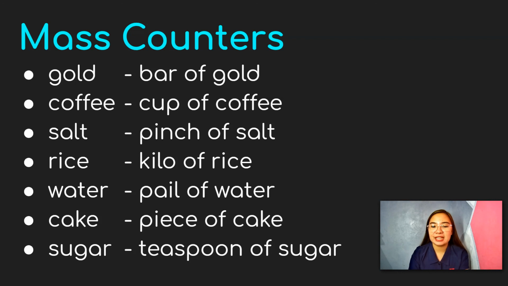So for water, we can say a pail of water, a glass of water, a jar of water, or a pitcher of water. Next is for cake. So for cake, we can say a piece of cake, a slice of cake, a box of cake. Last one is sugar. We can say a teaspoon of sugar, a spoonful of sugar, a jar of sugar, and many, many more.